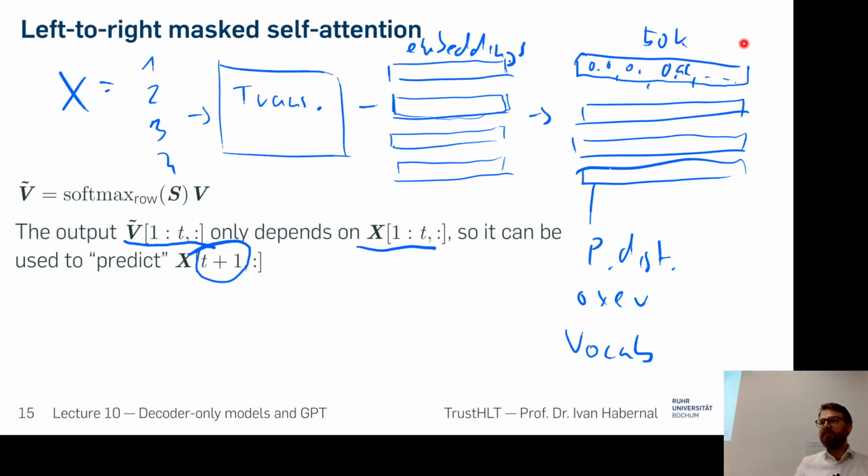So this is a probability distribution over the vocabulary, from which we say the next word will be the one with the highest probability value, or we can sample from this distribution to generate the next word. If you remember, we did sampling from language models in the exercises.